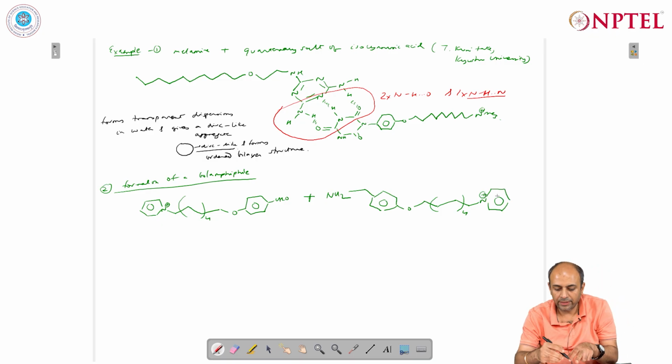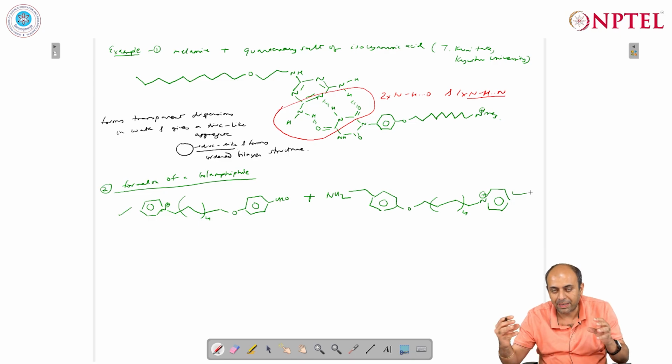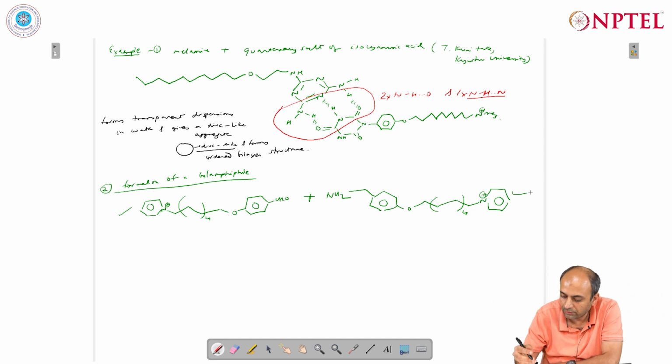So, you see that the ends are positively charged, and if it were to be a pure covalent backbone, that will be a conventional Bola amphiphile, but now that is what we are going to do, that we are now going to form the covalent bond, and this depends upon the pH of the solution.